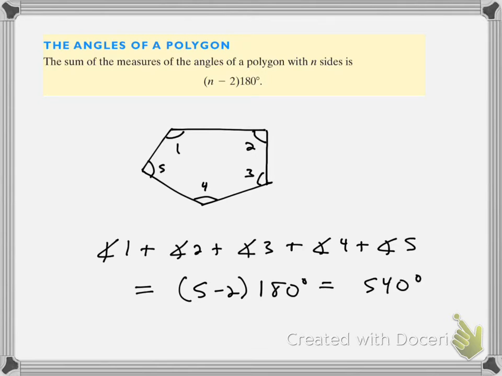So that's how you find the sum of the measures of the angles in a polygon. We're going to use that for some problems in the problem set in a couple minutes.